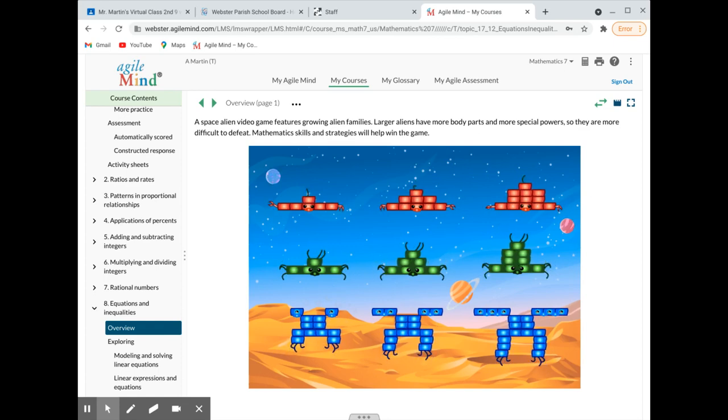Does anybody know what an inequality is? When you were little, you probably thought of it as the Pac-Man eating the bigger numbers. So what does that make you think of? Instead of using the equal sign, what sign would you use?